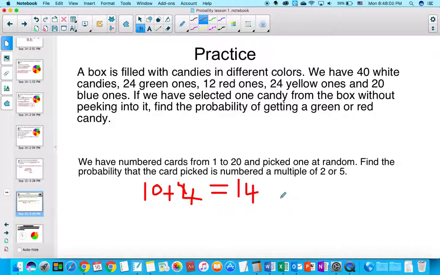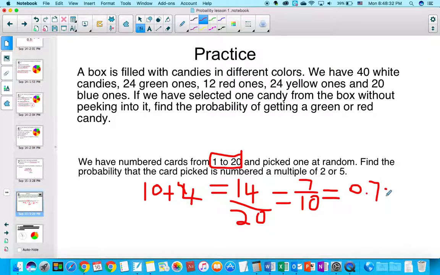Well, what is the total number of outcomes? The question gives it to us: there are 20 cards in the deck, 1 to 20. So it'd be 14 over 20. Simplified, you can make that 7 over 10, which is the same as 0.7, or 70%.